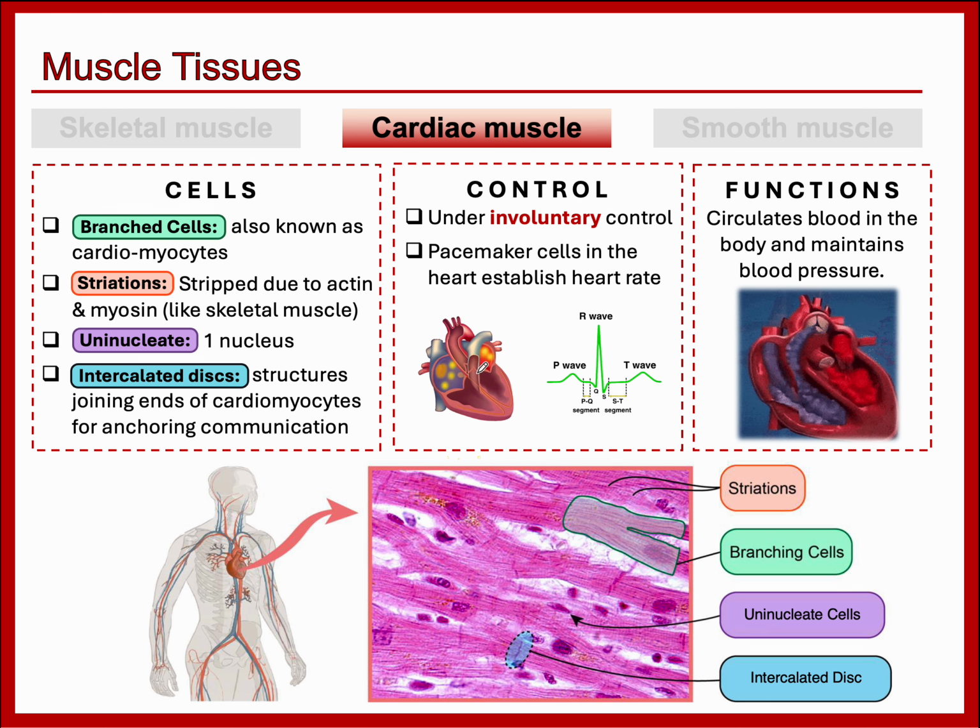Like if we get stressed, our heart could increase in rate, but it's really involuntary for the most part. Functions: the heart circulates blood in the body and maintains blood pressure, right? That's its general function. It beats and it pushes out blood.